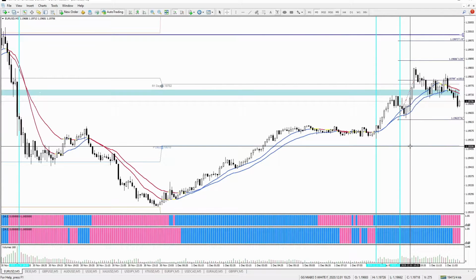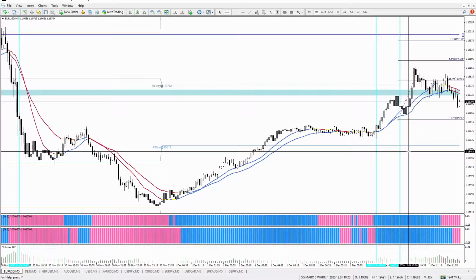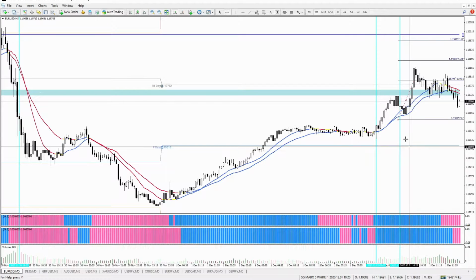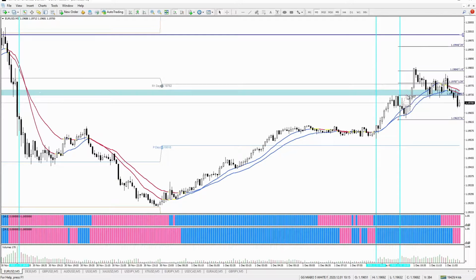And so we'll be interested in trying to go long. Trying to go long at this level, however, is a little bit tricky for the euro. First of all, because you will go long on this area that has proved to be an important support and resistance area.